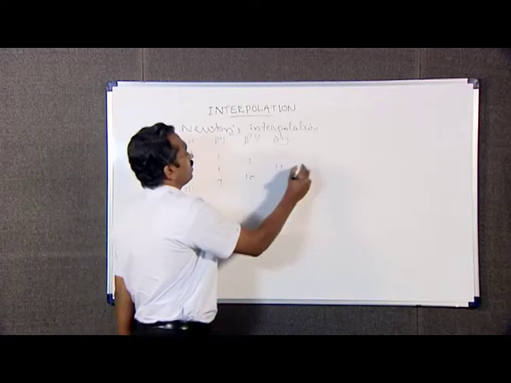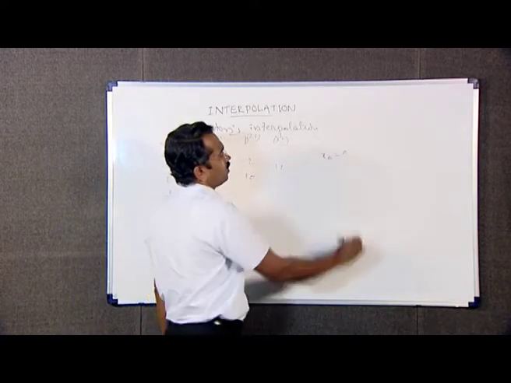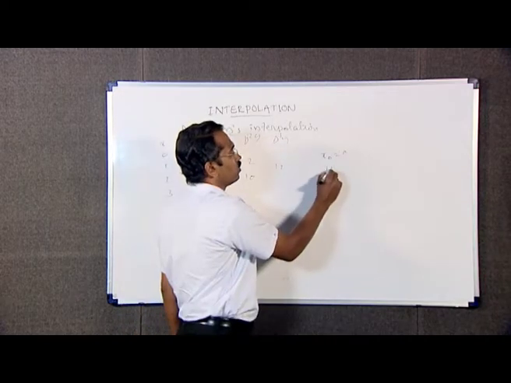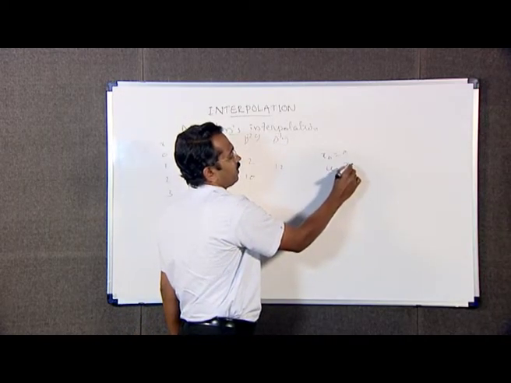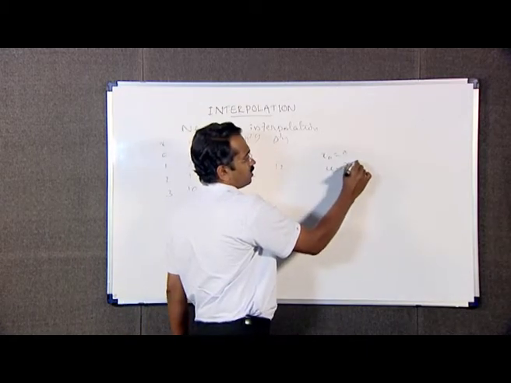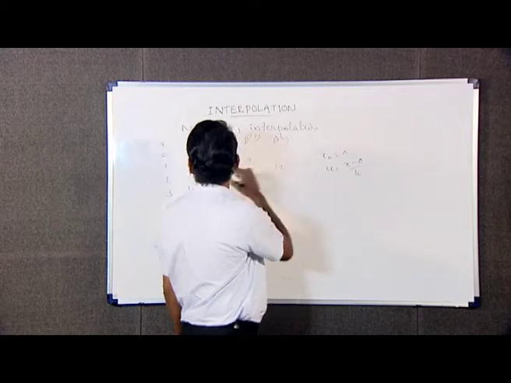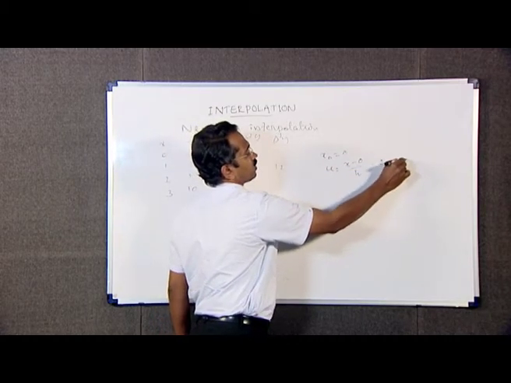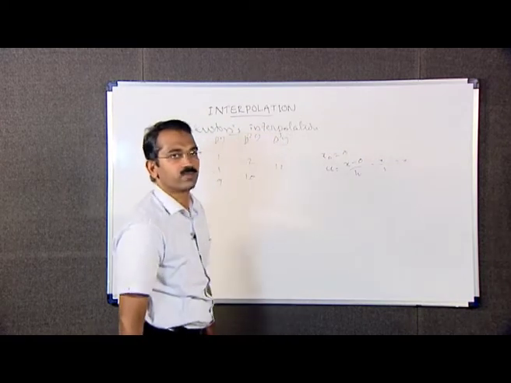Here x naught is 0, and u is equal to x minus x naught divided by h, that is x minus 0 divided by h. Here h is 1, so u is equal to x by 1, which is x.